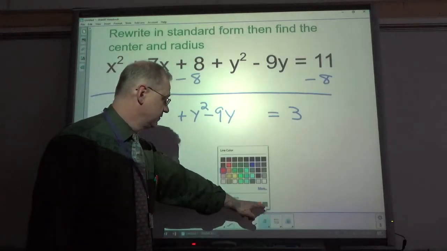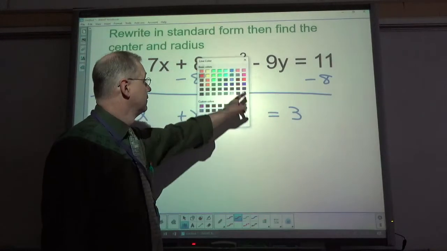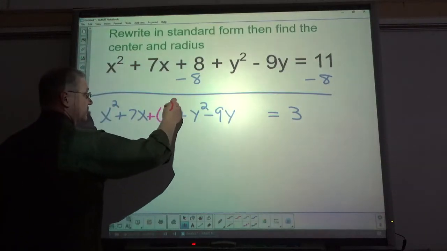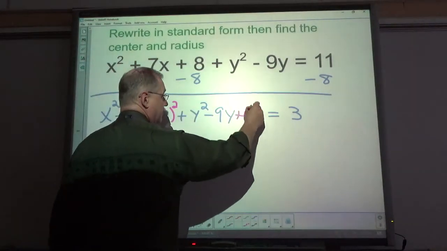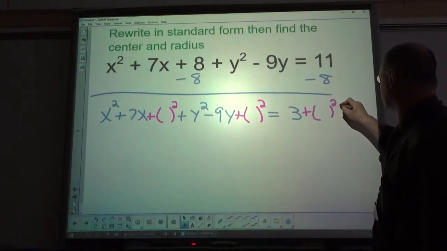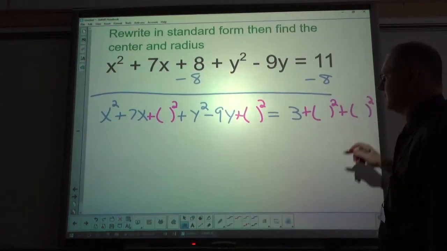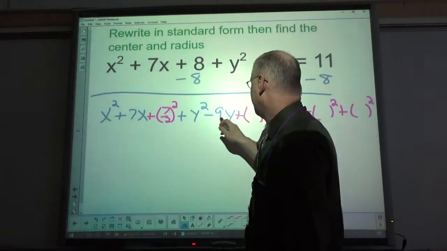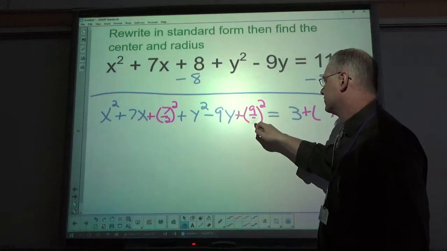Now let's continue this. I have to add something squared, and I'm going to balance it by adding it squared on the other side. Half of 7 is 7 over 2. Half of 9 is 9 over 2.